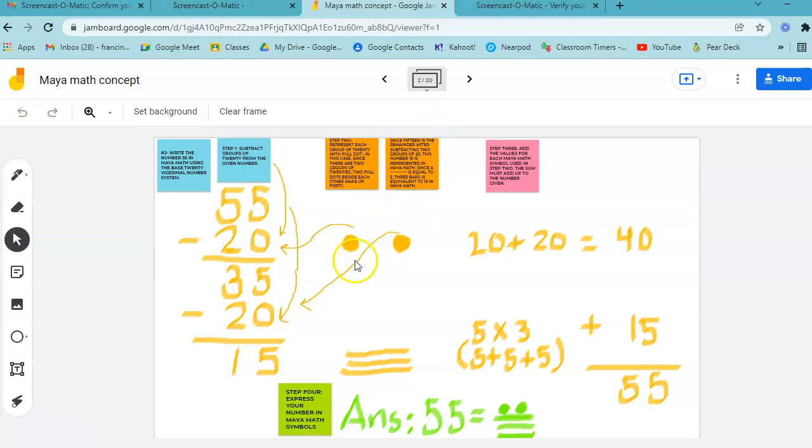Since 15 is the remainder, here we have 15, which is our remainder after subtracting two groups of 20. This number 15 is represented in Maya Math as 3 horizontal bars, since 1 bar is equal to 5.